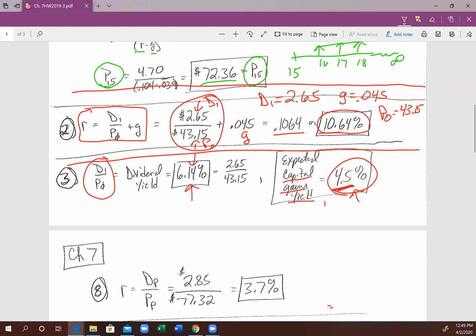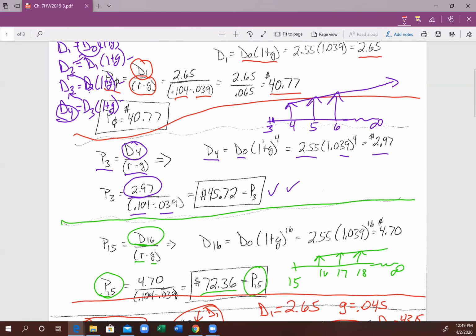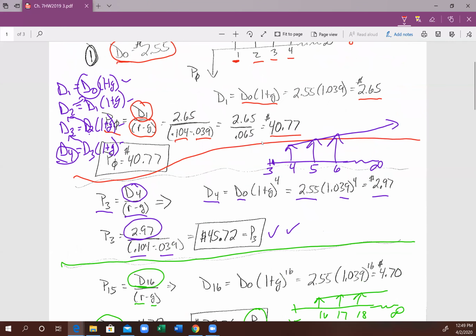If we go back to problem 1, we could have actually taken a little bit of a shortcut. I'm going to change colors again.